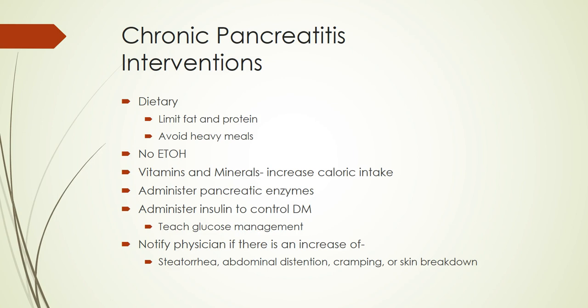How to prick their finger, when they should actually test their blood sugars, giving insulin and how to dose it, and diet and exercise. There's just a lot of information for somebody who has never been diagnosed as a diabetic before, and you're also telling them they're having pancreatitis and they're going to have other issues. Notify a physician if there is an increase of steatorrhea, abdominal distension, cramping, or skin breakdown.